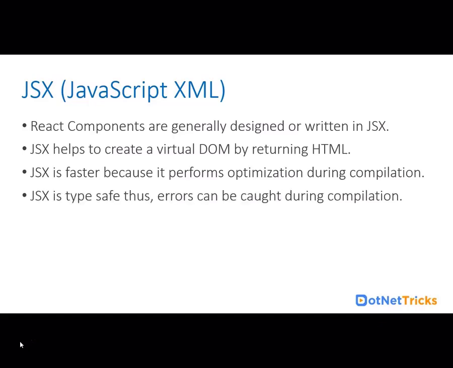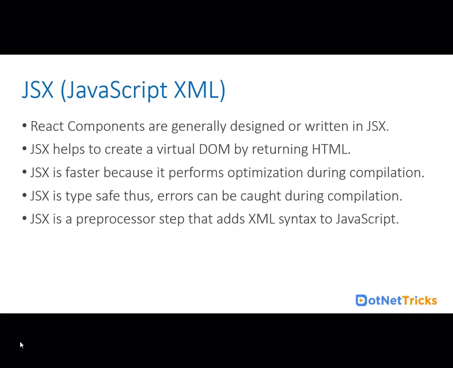JSX is type safe, thus errors can be caught during compilation. Errors are the most important part of scripting or any programming language. JSX shows you compile-time errors at the same time when the compilation takes place. So this is an add-on feature of JSX.